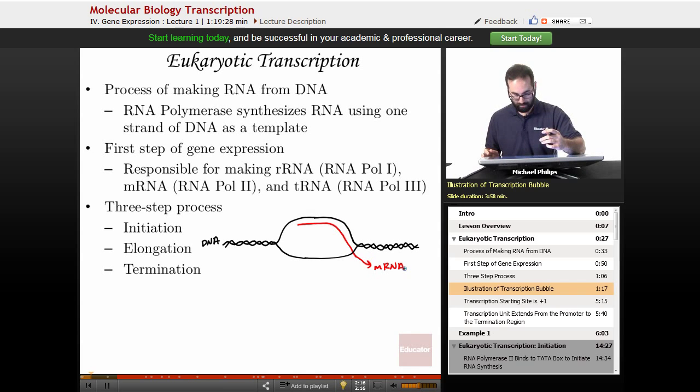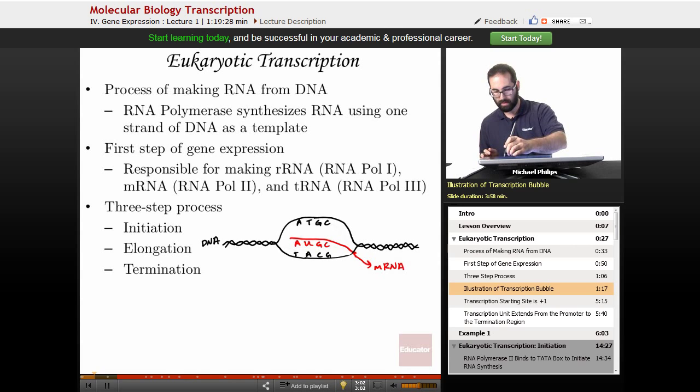Okay, so what we have here is the mRNA, and we will be making the proper hydrogen bonding.